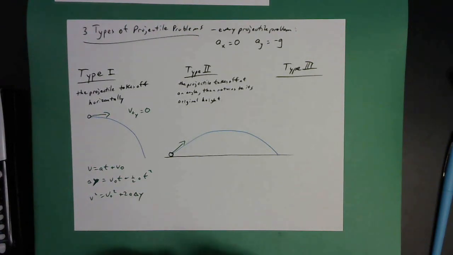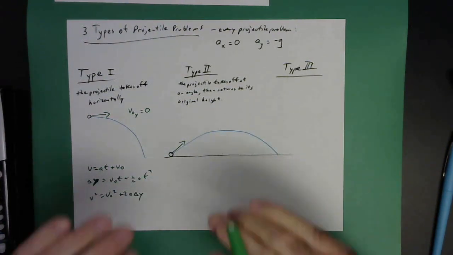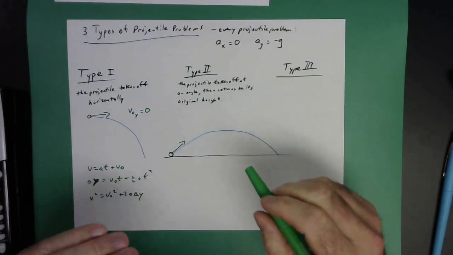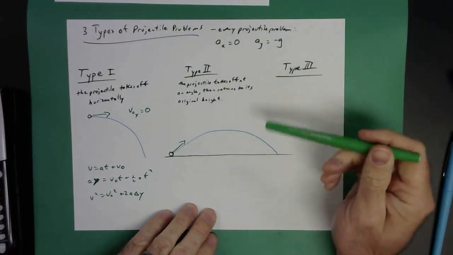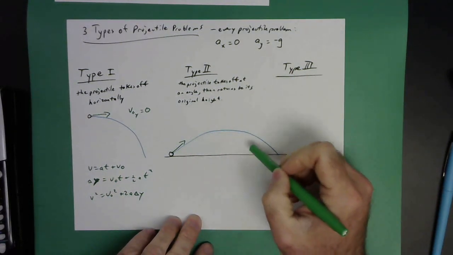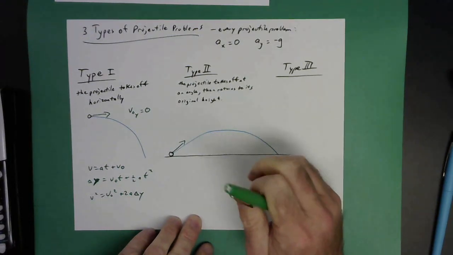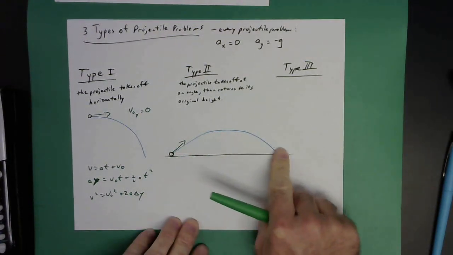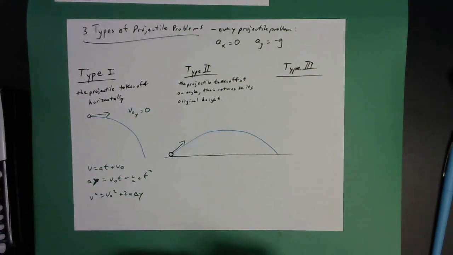It turns out that when you have a type 2 problem, there are a ton of variables that you're supposed to just recognize. Besides the fact the acceleration in x is 0 and the acceleration in y is negative g, there's a bunch of other things that you automatically know as soon as you see a type 2 setup. As soon as I see this kind of rainbow here, I'm like, oh my gosh, there's special stuff I'm supposed to remember.